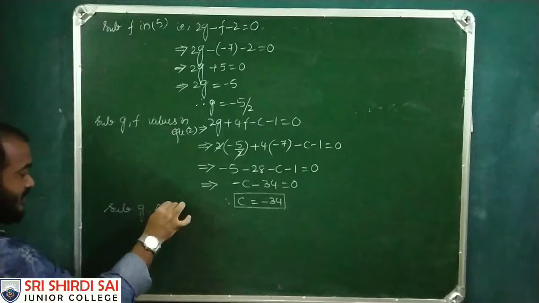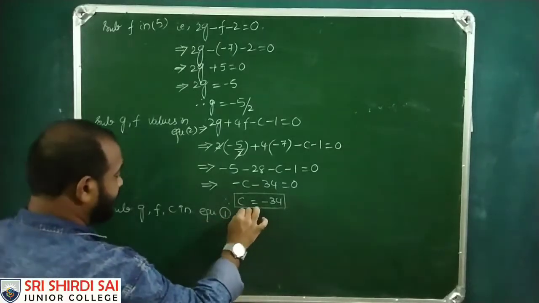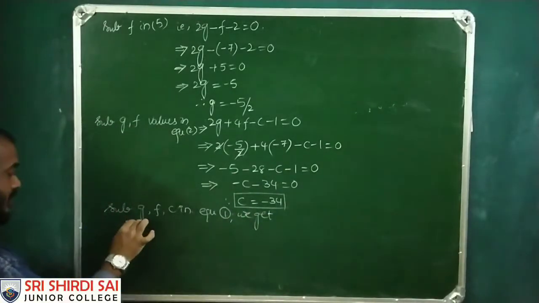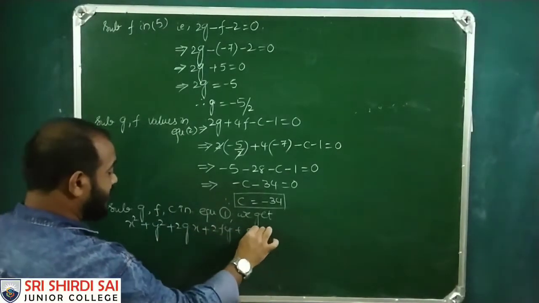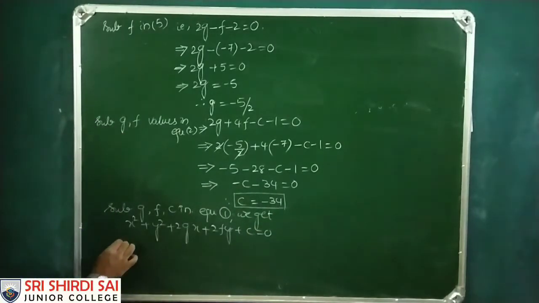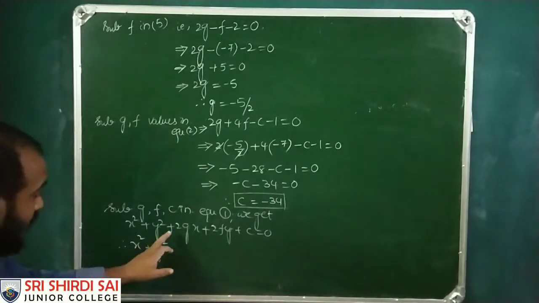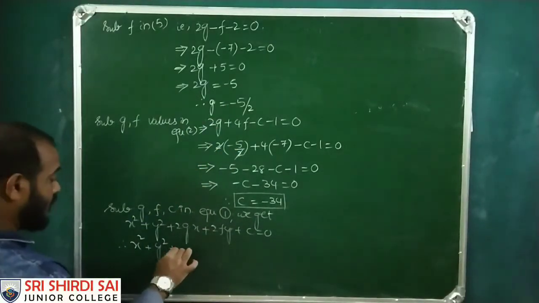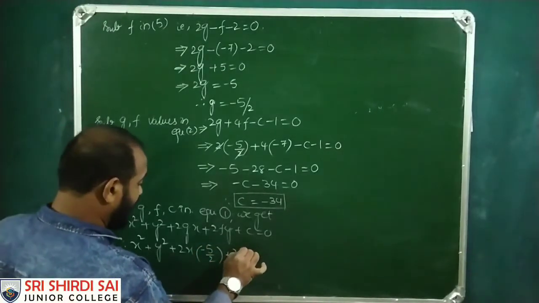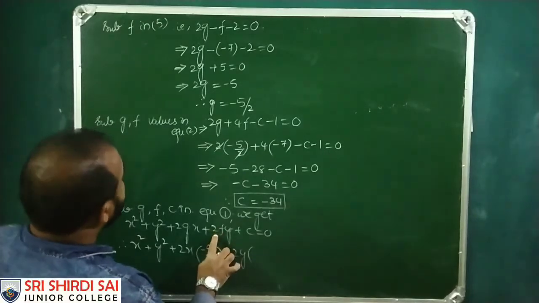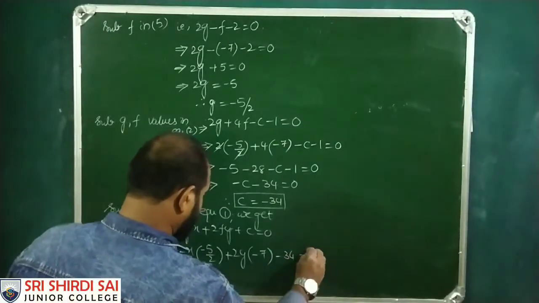Substituting g, f, c in equation 1, the general equation x square plus y square plus 2gx plus 2fy plus c equals 0, we get x square plus y square plus 2x into g value, which is minus 5 by 2, plus 2y into f value, which is minus 7 as we got earlier, plus c value, minus 34, equals 0.